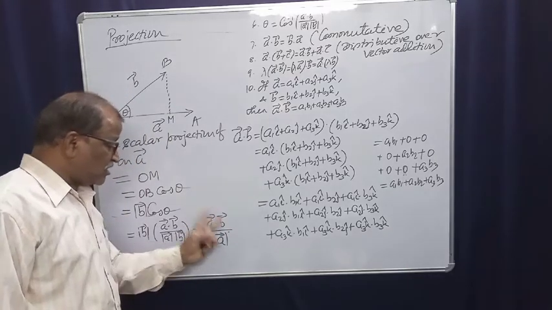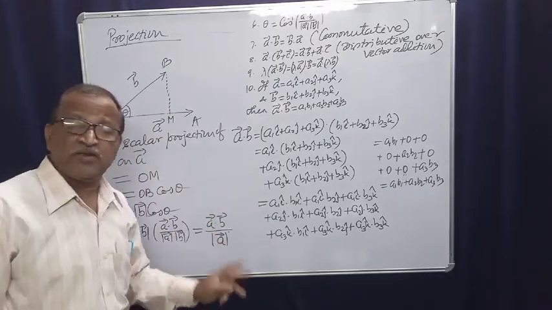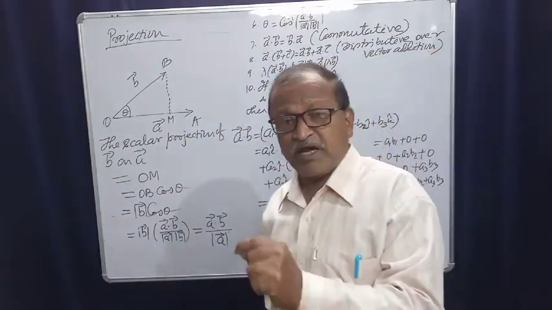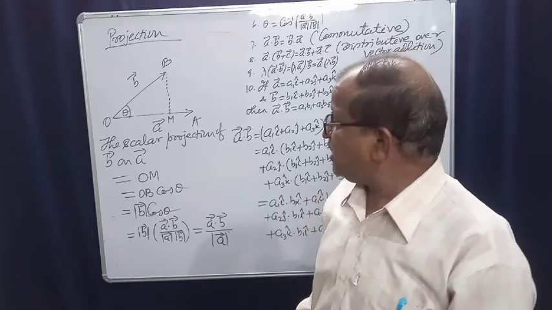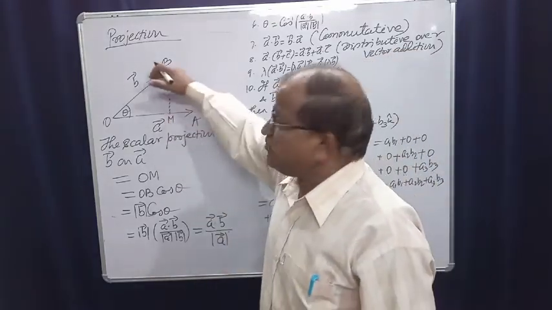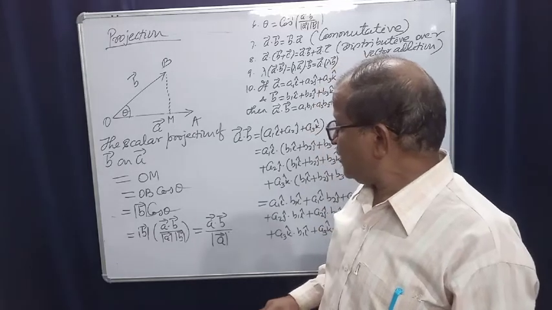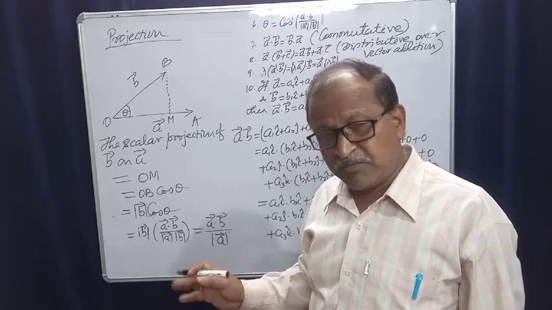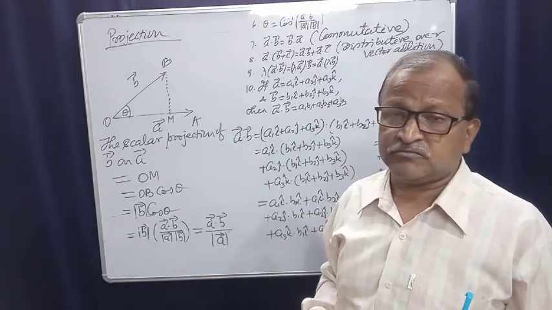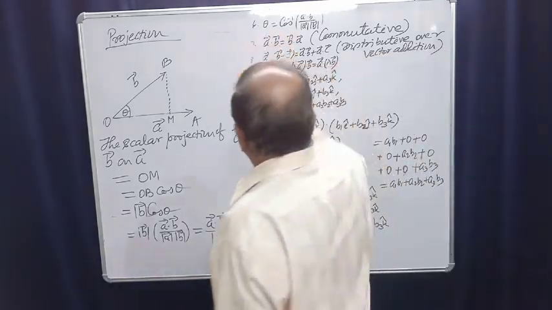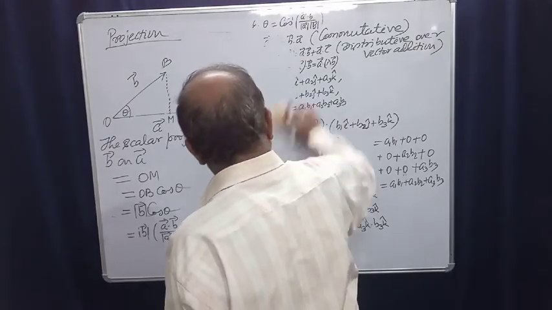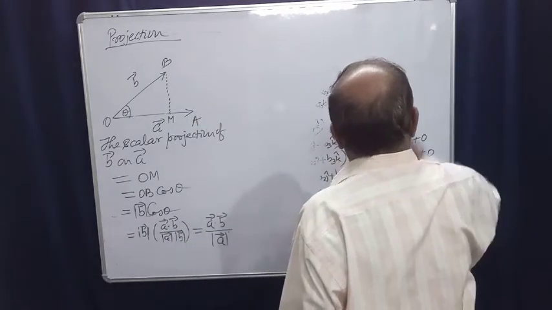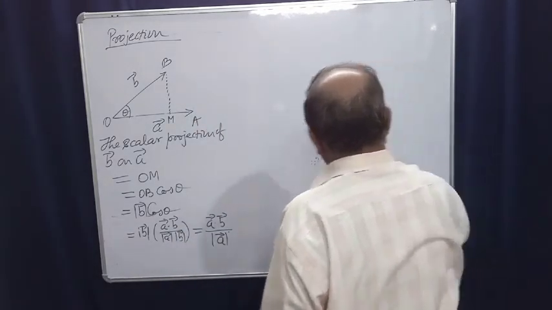Here projection of B on A is A dot B by magnitude of A. Similarly, projection of A on B will be A dot B by magnitude of B. So this is the scalar projection of a vector on another vector.